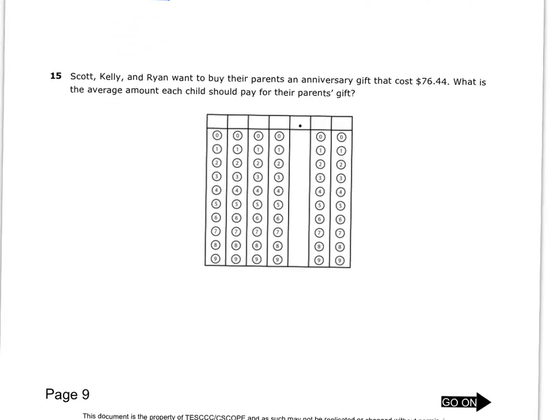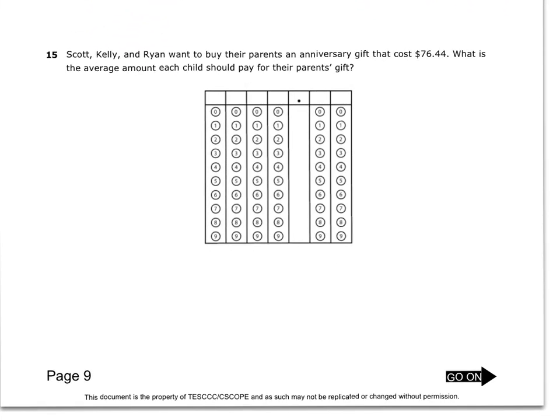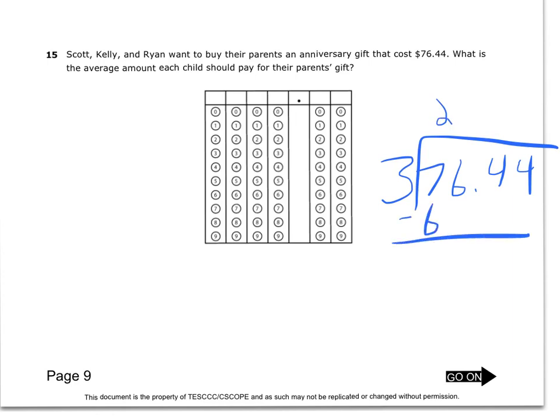Last one. Last question of the test. Scott, Kelly, and Ryan would buy their parents a gift that cost $76.44. What is the average amount each child should pay? What am I going to do? Divide it by 2. Not 2. 3. There's 3 kids. Oh. So divide by 3. Alright, so you get... Wait, did I do that right?